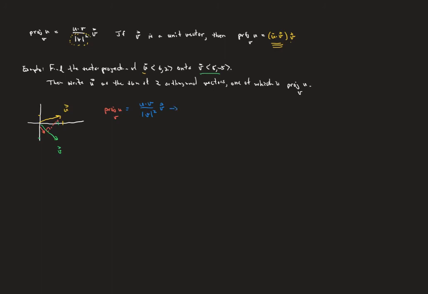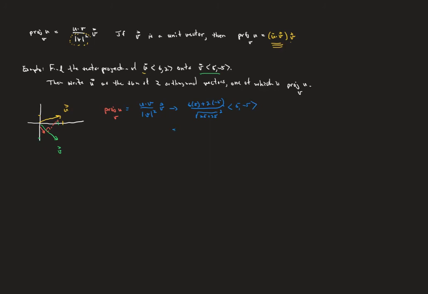So that means u dotted with v. Up on top, we're going to get 6 times 5 plus 2 times negative 5. There's our u dotted with v. The magnitude of v is going to be the square root of 5 squared plus 5 squared, and then we square that, times our vector v, which is 5, negative 5. Hope you're with me here.